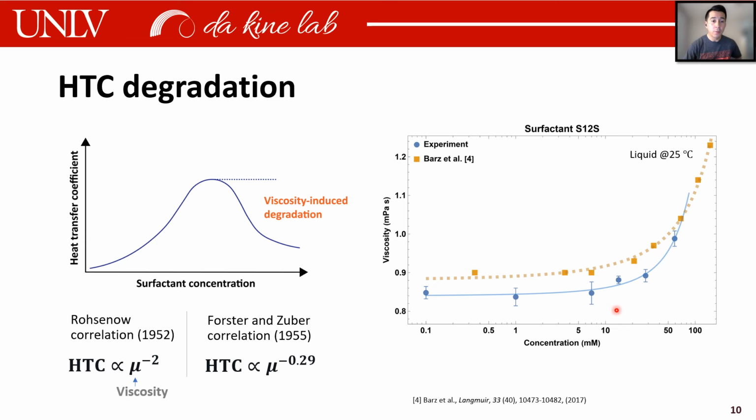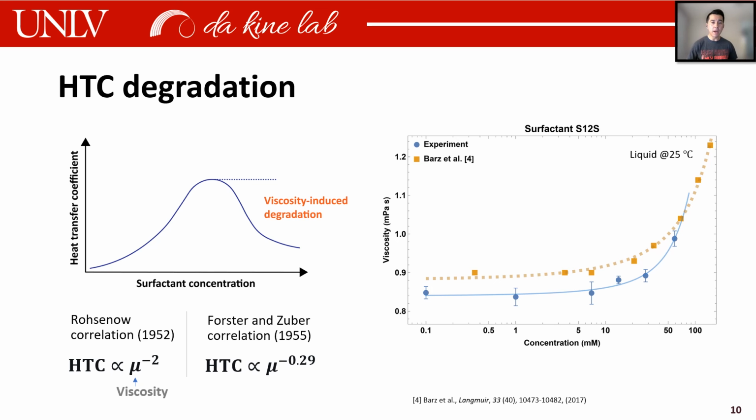We saw that at concentrations higher than around 10 millimolar, the viscosity increases, suggesting that, if you remember, the optimal concentration range is from 1 to 10 millimolar, and after that the HTC degrades. So this is in great agreement, suggesting that the HTC degradation is viscosity-induced.